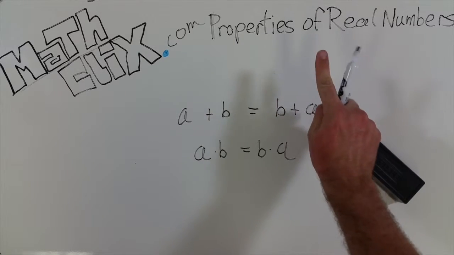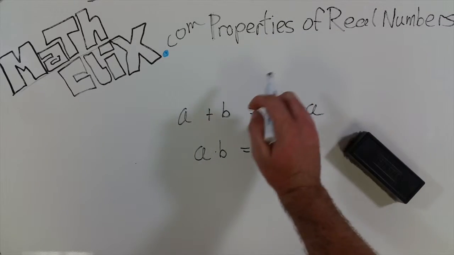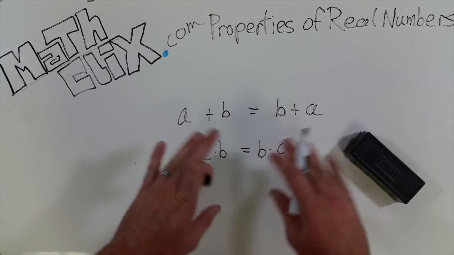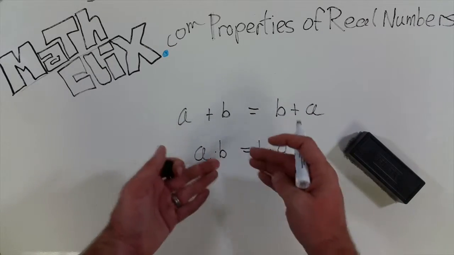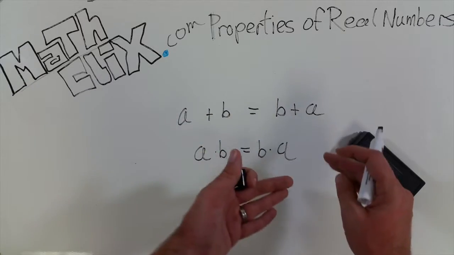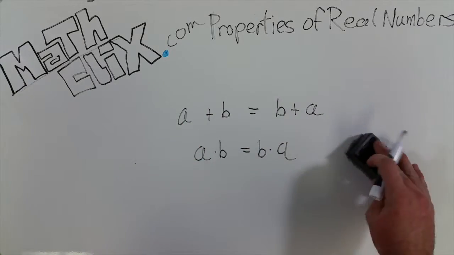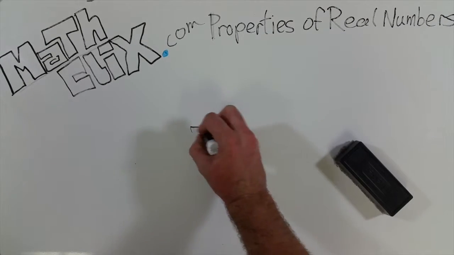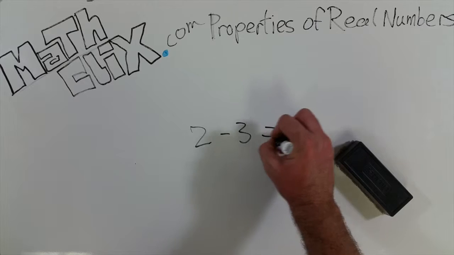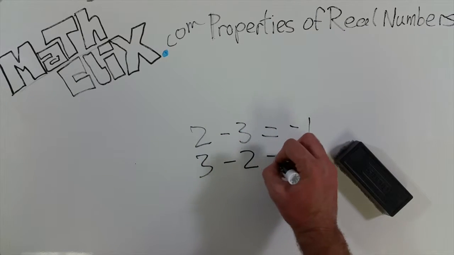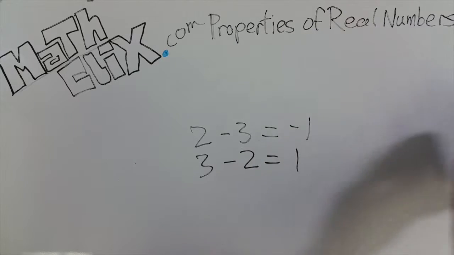Now, don't be fooled. It doesn't work for subtraction, which is why I like to say there is no such thing as subtraction, only addition of negatives. If you consider it an addition of a negative, then it works. For example, 2 minus 3 equals negative 1, but 3 minus 2 equals 1, correct?